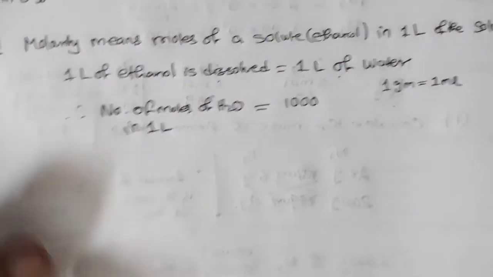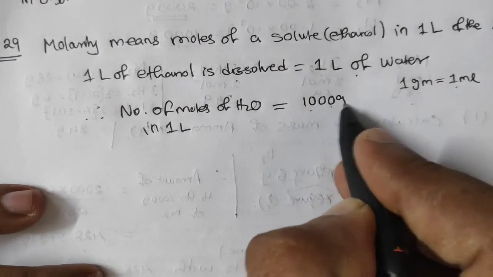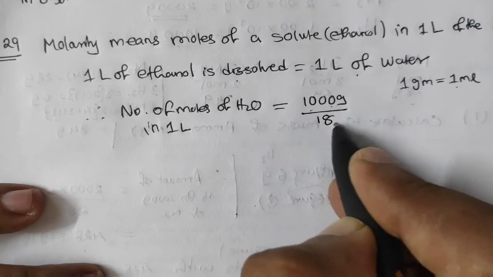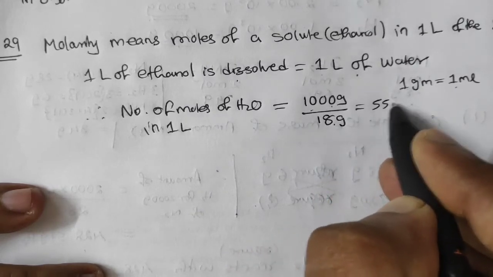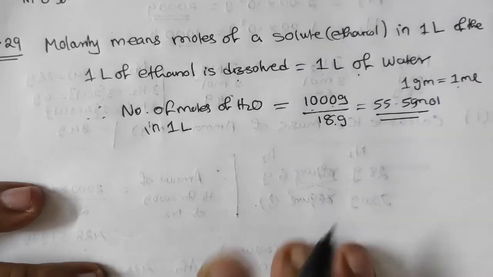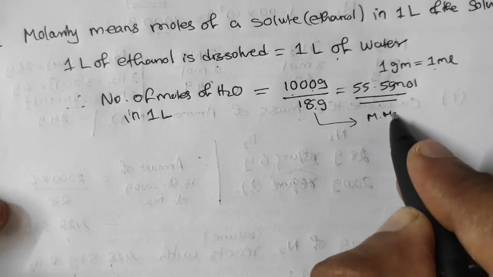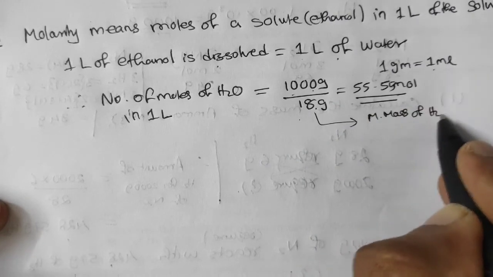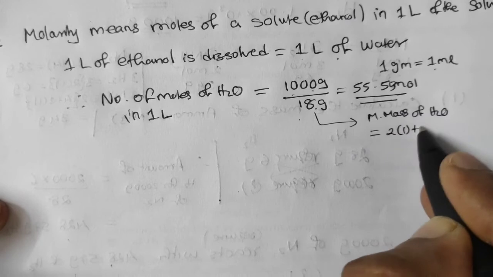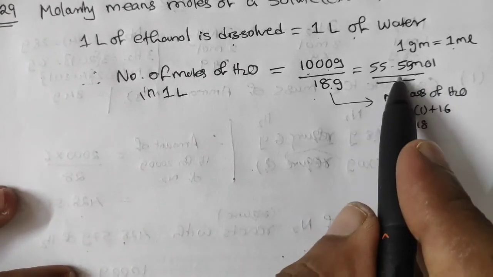So 1000 ml is equal to 1000 gram divided by the molar mass of water, which gives 55.55 mole. Understood? This 18 is the molar mass of H2O, that is 2 into 1 plus 16, which is equal to 18. So we got the moles of water here.